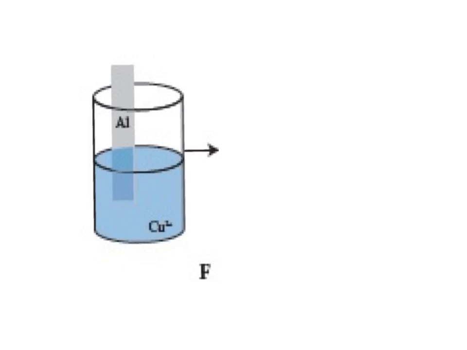First, I want us to look at letter F on that worksheet, and I'm going to give you a real-life example of what's happening in this particular reaction. Now, you'll notice that it's showing copper 2+ ions in this solution, and it's showing an aluminum strip inside this beaker. Now, in real life, the copper ions don't exist by themselves. They're formed because of a copper salt that dissolved.